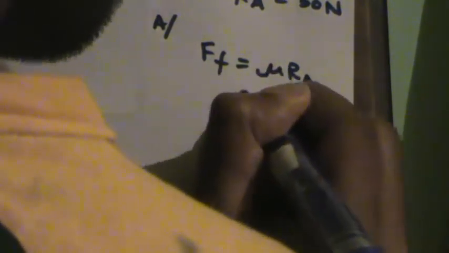If RA equals 50 newtons, we can calculate the maximum or limiting friction force by putting Ff equals mu RA for object A. Mu is given as 0.25 and RA equals 50, so this force will be 12.5 newtons.